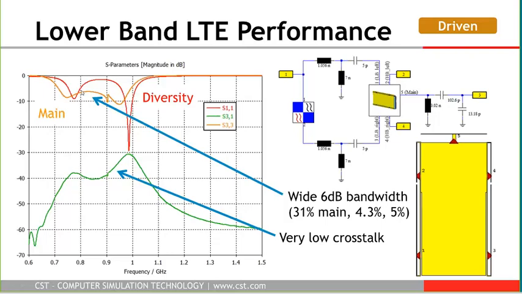It is not tuned for a particular band yet, but it has a potential of 4.3% bandwidth, which is sufficient both for LTE 700 and LTE 800 downlink. And we have a second resonance around 1 gigahertz for the diversity antenna, which is not used currently, but maybe could be used.